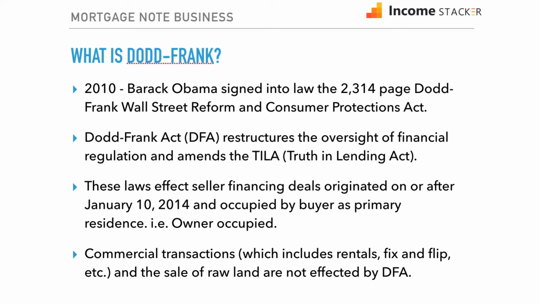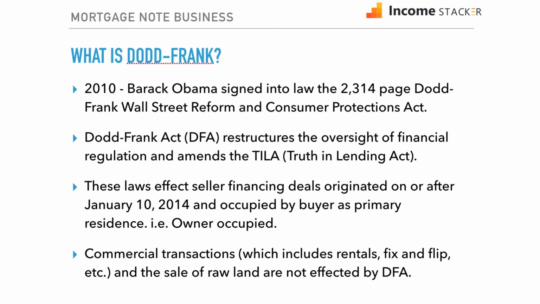So if you buy a note that is originated after that date that was seller financing, you have to make sure that they structured the note so it abides by the Dodd Frank rules. If you bought a note that was structured before that, then you don't have to worry about it. Also, if you structure any notes today, then you have to make sure that you follow the rules.